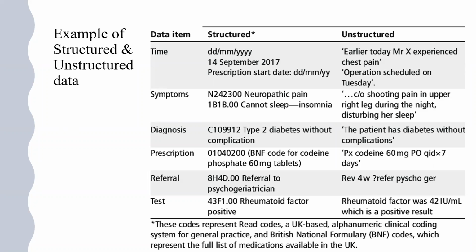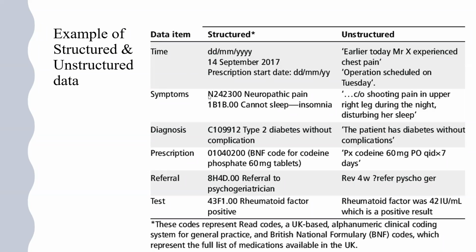Similarly, for symptoms, the doctor has given a very general text explaining what the symptom is, which will not be helpful if we want to make an analysis. It has to be structured in a way where I can use it in analysis.